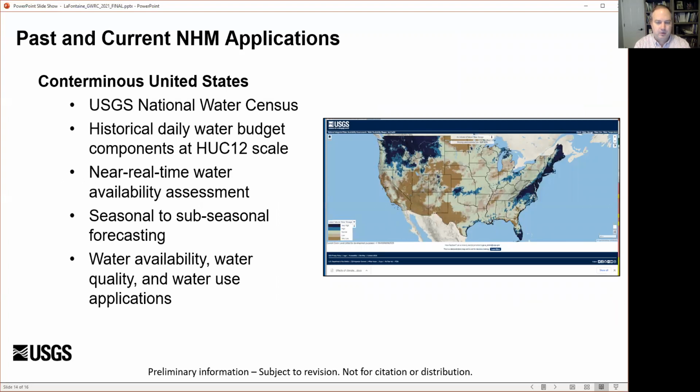Then looking at what's currently going on in the water mission area tied to the National Water Census, we're using the full CONUS application of the National Hydrologic Model to look at a near real-time estimate of the water budget at a HUC 12 scale, which is what the model units are at.